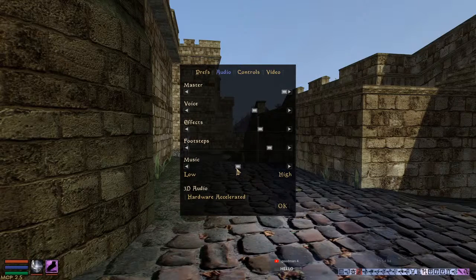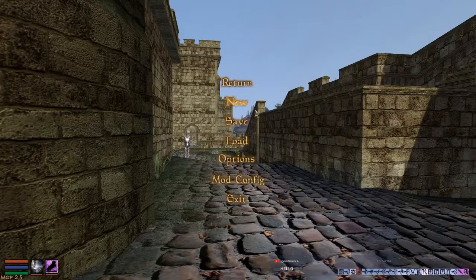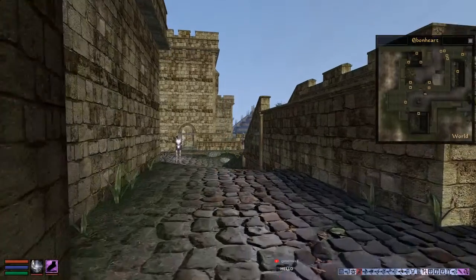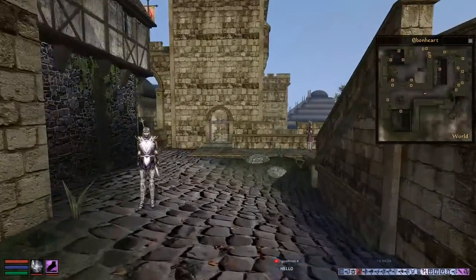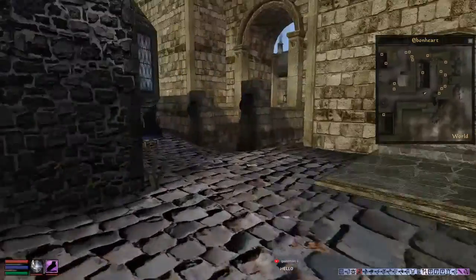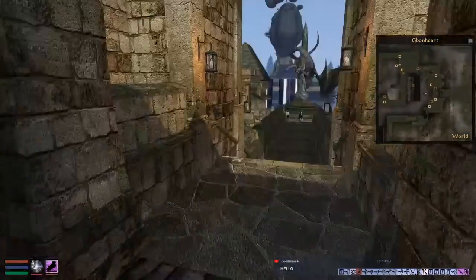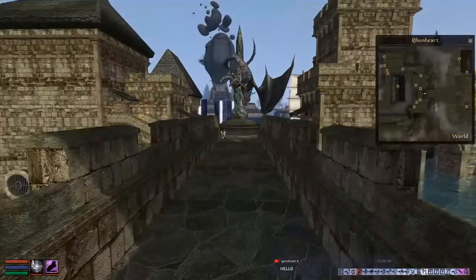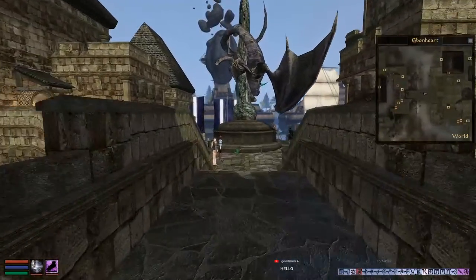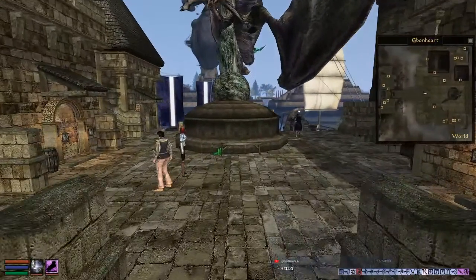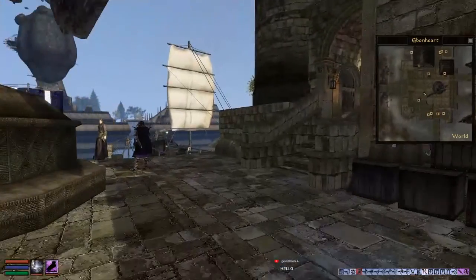let's try and find a way to reach Caldera from here. So I think the direct transport is the Mages Guild. So we could go to Vivec, Mages Guild.